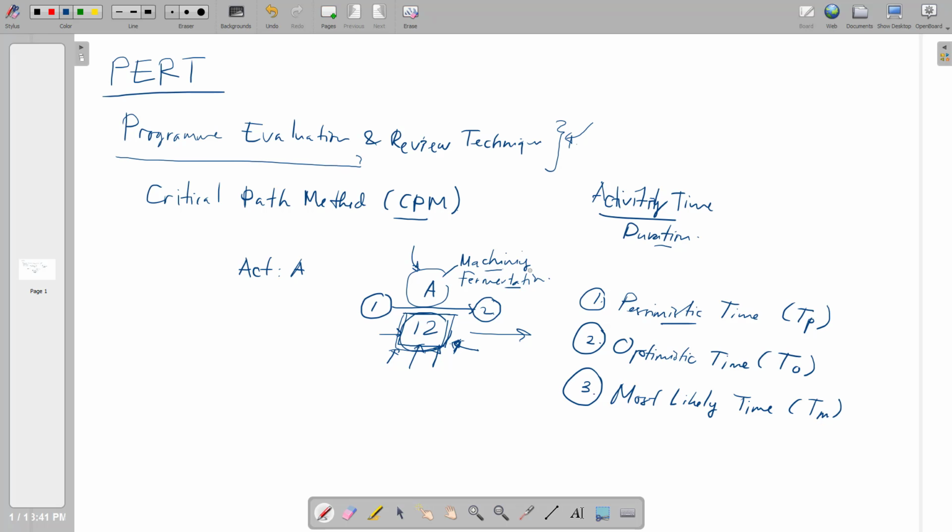But just in case something happened, for example the shaker is broken or something else, the pessimistic time must usually be bigger, or longer in terms of length of time, compared to the normal one. So we call that the pessimistic time, probably a little bit later than the common time.